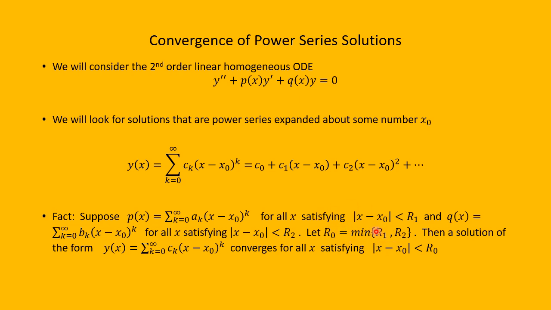Now R1 and R2 might be the radii of convergence of the p(x) and q(x) series. If you take the minimum of the two radii of convergence, this power series will converge in an interval having that minimum radius of convergence, R naught being the minimum of R1 and R2.